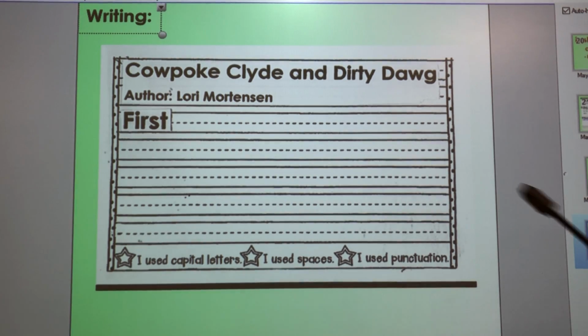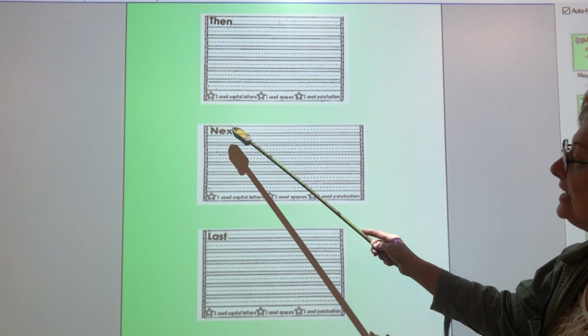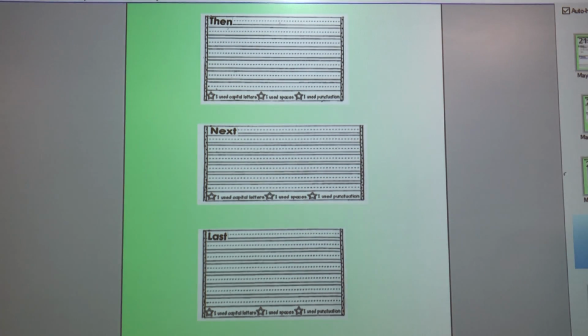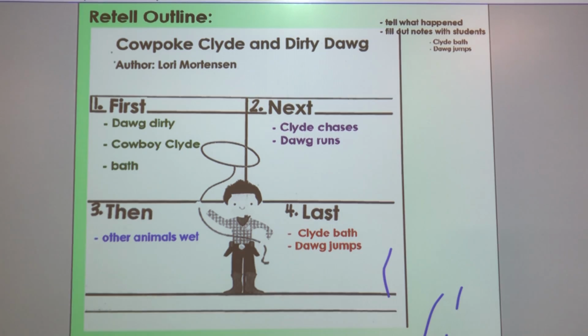You're going to be needing this booklet for writing. And if you open up the book, you'll then see the page that says then, next, and last. We're going to be using these notes to write sentences.